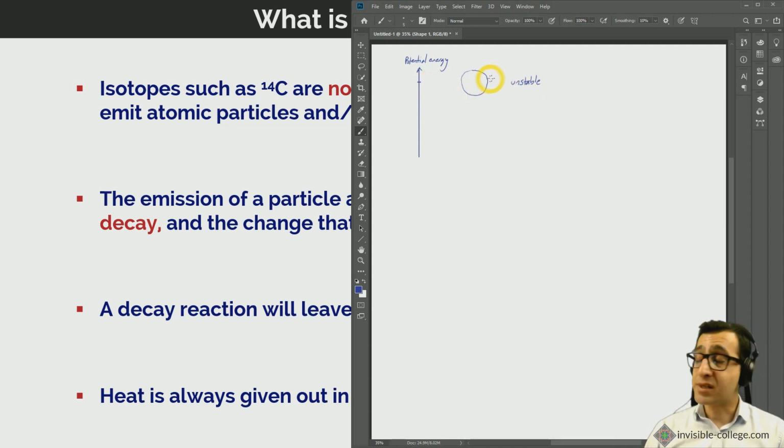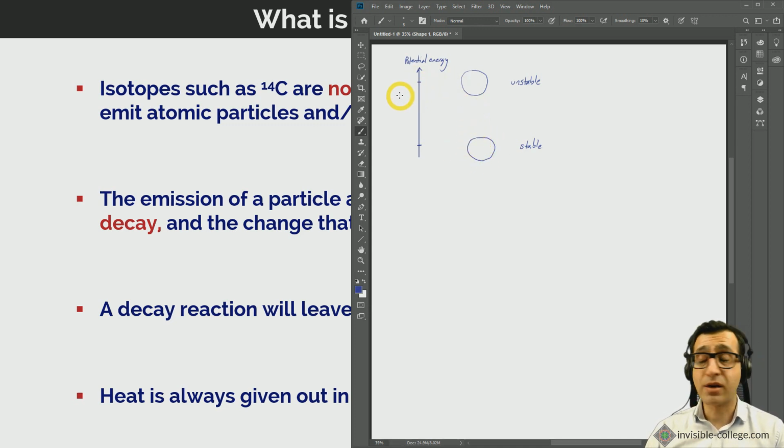Now, we'll talk about the reasons for instability shortly, but if we have an unstable nucleus, it can achieve a more stable condition by giving off the energy difference between the unstable condition and the more stable condition. And so by going from here to here, we are going from a high potential energy condition to a lower potential energy condition.